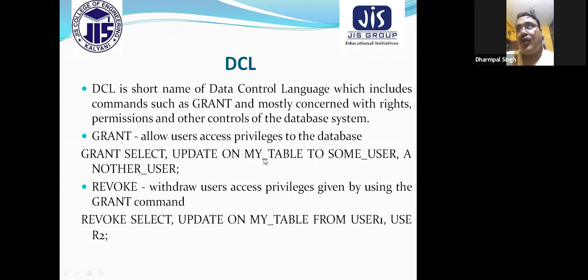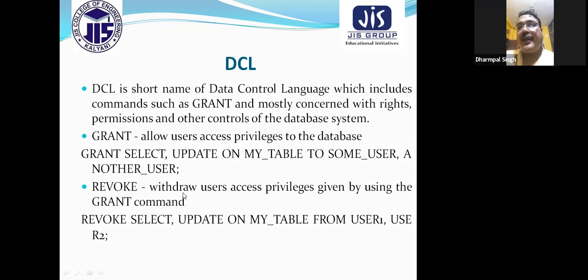Update he can do on my table for some user or another user. I can mention user one, user two. So on my table they can perform select and update. We have given the grant so that they can perform it. I have given the grant option there.